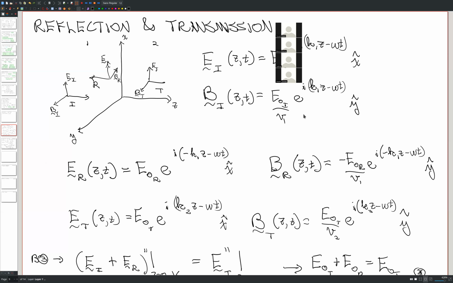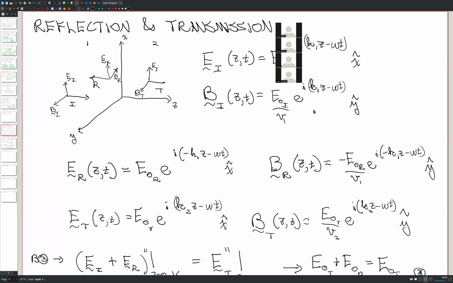There was a relationship between the B part and the E part coming straight from the Maxwell equations. You remember that B was essentially k hat cross E. So essentially, you write down this ansatz here that automatically fulfills your Maxwell equations in both half spaces.